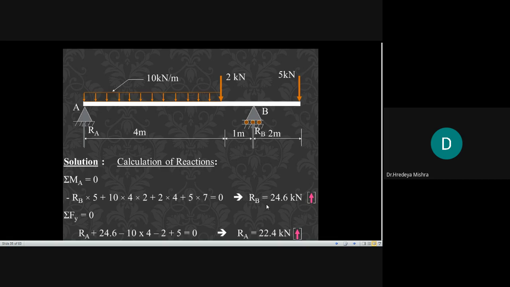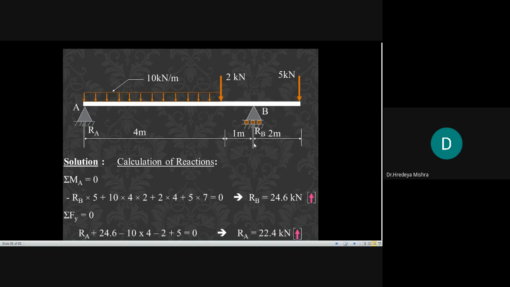Okay, and now we take sigma Fy is 0, meaning all vertical forces equal to 0. So RA is positive, upward direction. 10 into 4 is negative, downward.